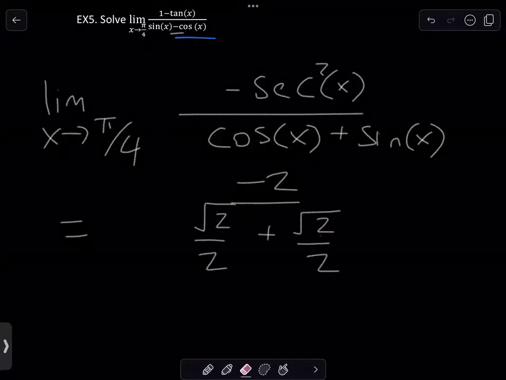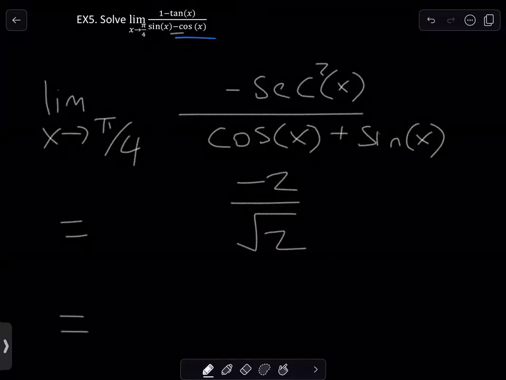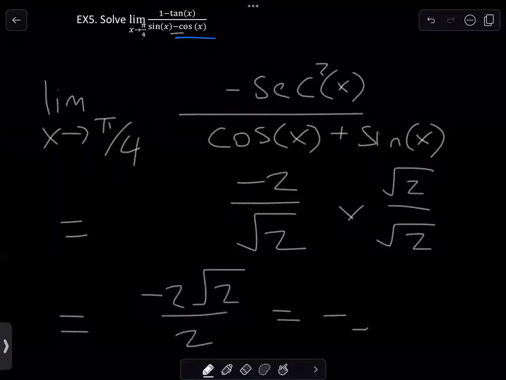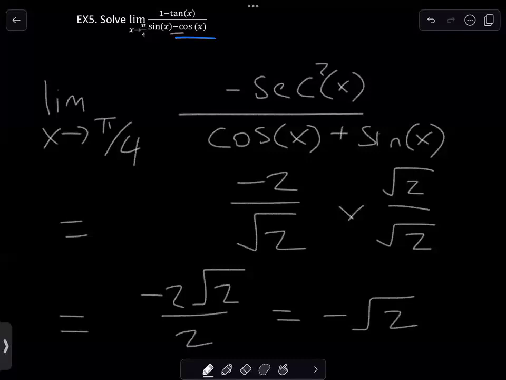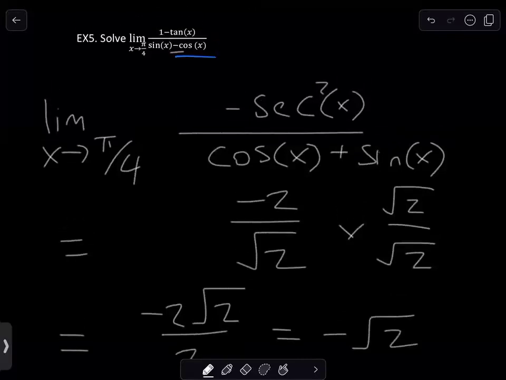So the denominator is √2/2 plus √2/2. That is going to be √2 in the denominator. And now let's just rationalize this. So multiply this entire thing by √2/√2. You're going to get -2 times √2/2. That's equal to -√2. And that's how you handle this example. So the answer to this one is -√2.